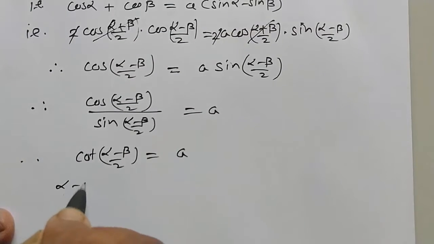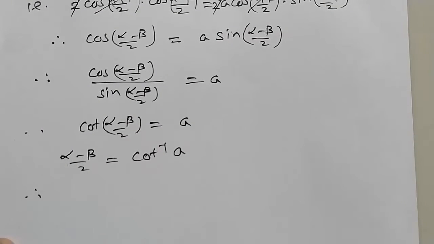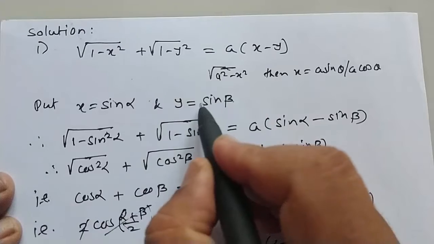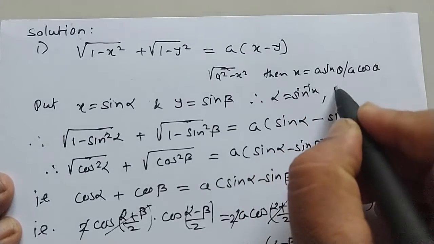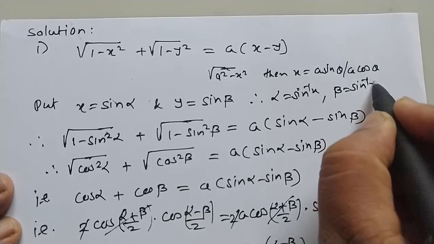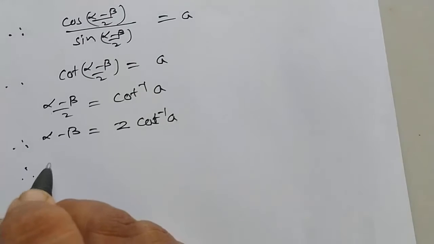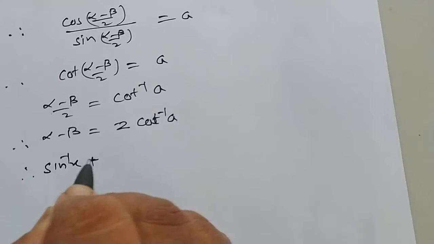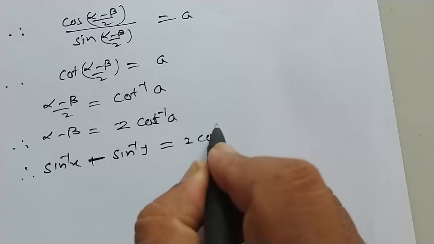Now inverting, (α − β)/2 = cot⁻¹(a). Multiplying by 2, α − β = 2 cot⁻¹(a). Now x = sin α and y = sin β, so by inverting, α = sin⁻¹x and β = sin⁻¹y. Therefore sin⁻¹x − sin⁻¹y = 2 cot⁻¹(a).